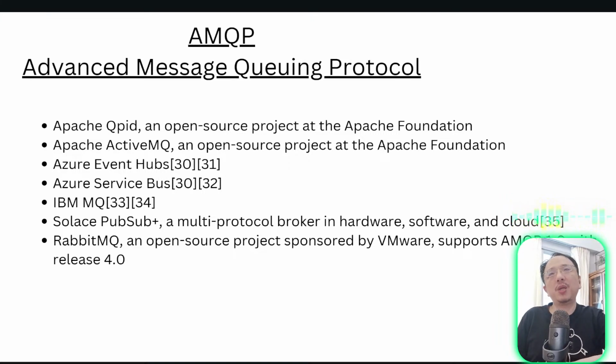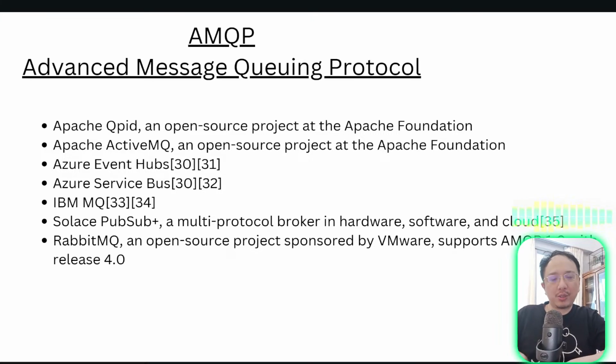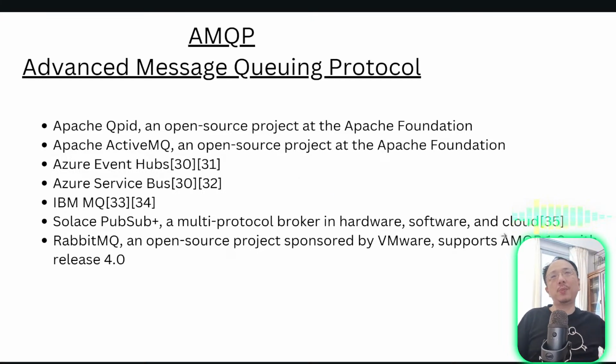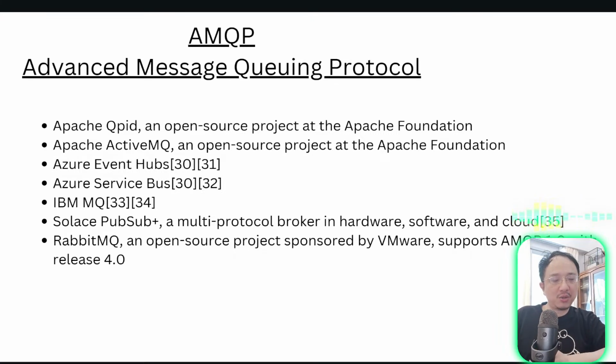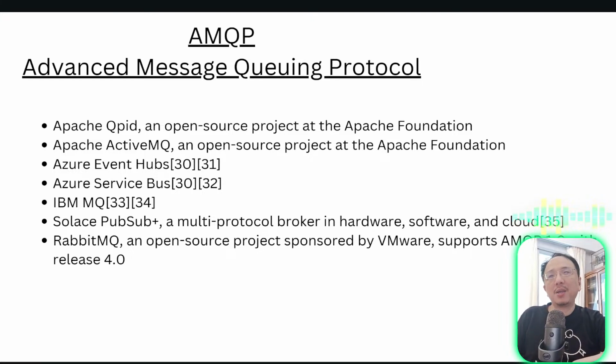But AMQP supports different scenarios and paradigms, like publish-subscribe and queuing. You can see that there is a queuing protocol, so it's more focused on job queuing, message queuing, or different network topology things. There are many different implementations, like Apache Qpid.